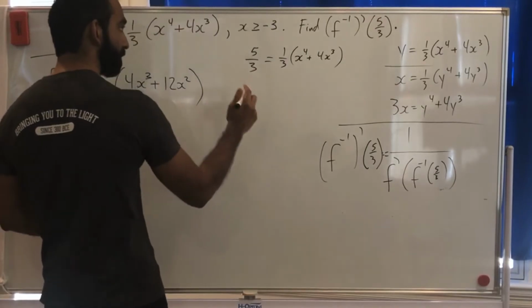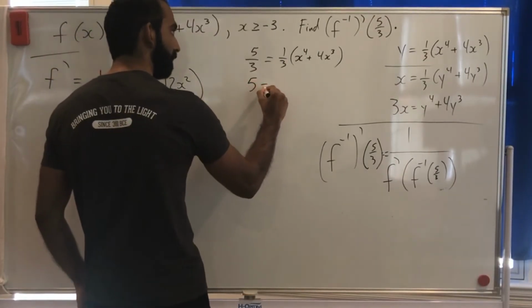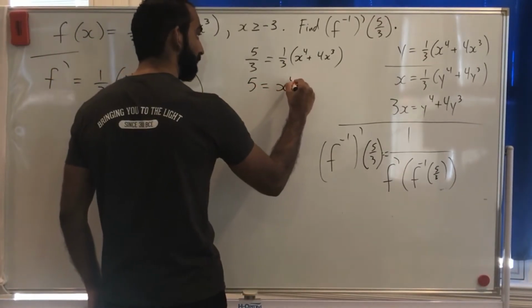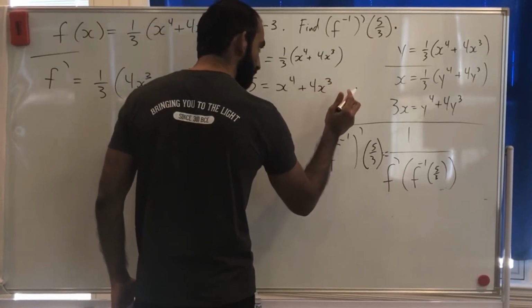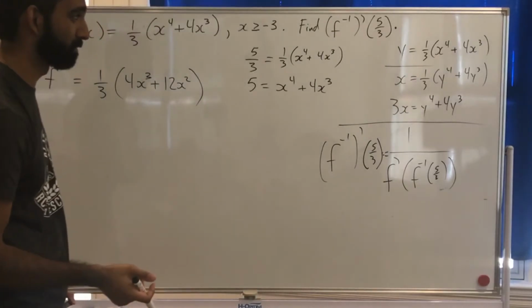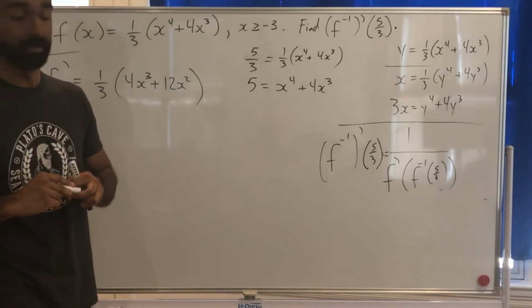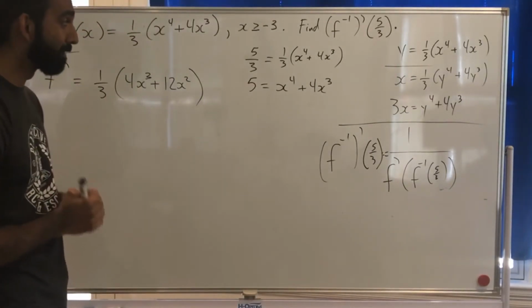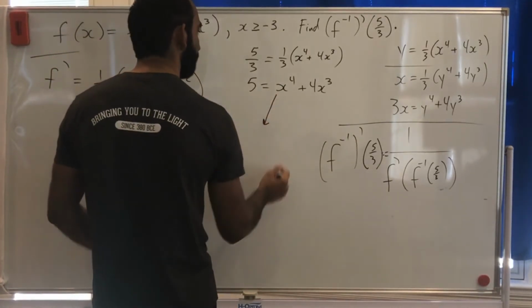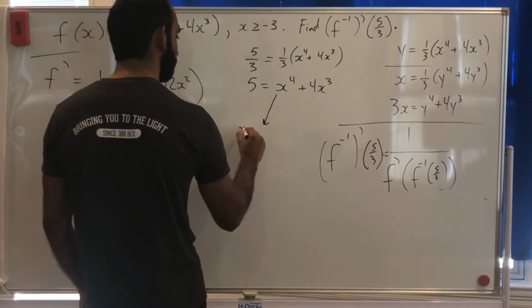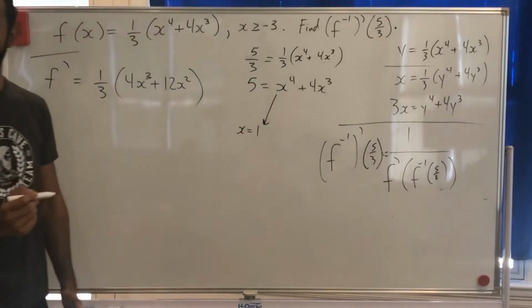So 5/3 is y, right? Yes. I can multiply both sides by 3 to make this a little less intimidating. I still have a polynomial on the right side with a degree of 4, and also a term with a degree of 3. But thankfully, because we're dealing with nice numbers, you can just look at this and see that x equals 1.